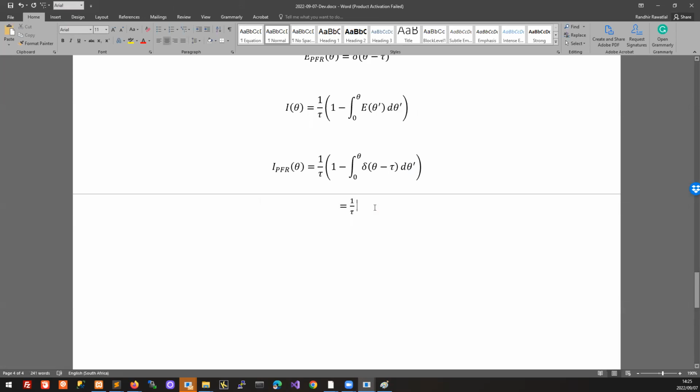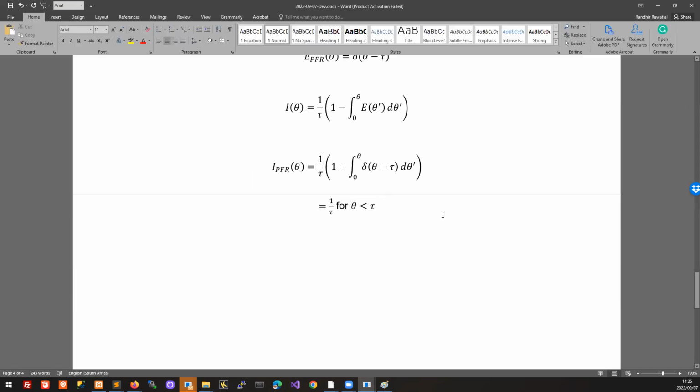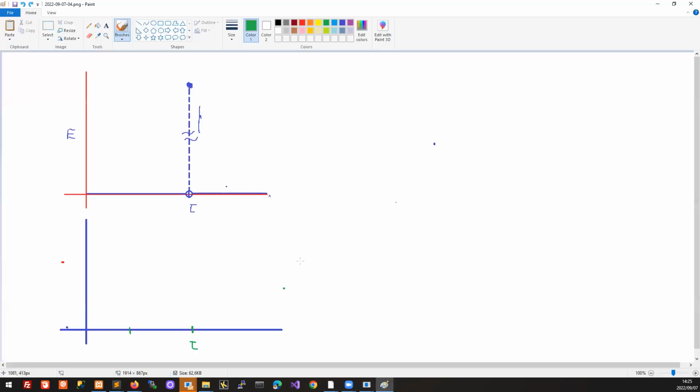Okay, so this is 1 over tau for theta being less than tau. And then let's see what happens when you get to tau. Then instantaneously you have that whole area of 1, right? So as you integrate across this, you suddenly pick up an extra area of 1.